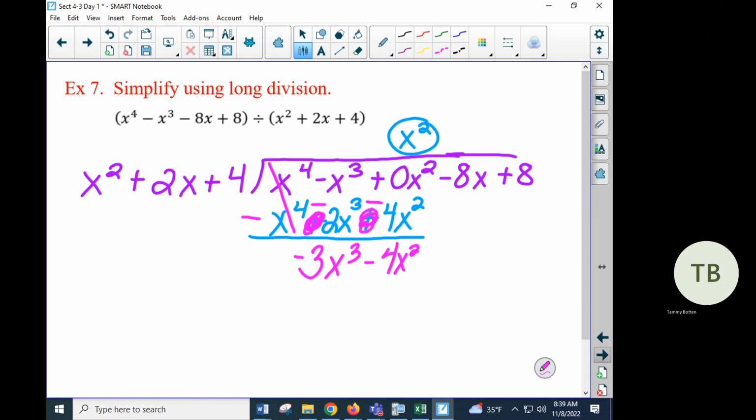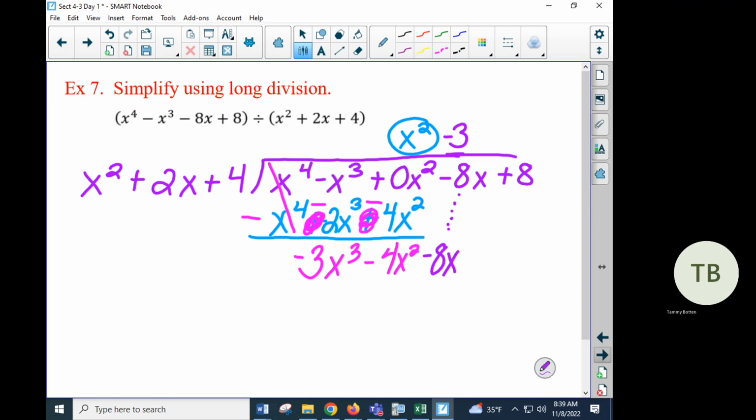And again, because you have 3 terms here, you have to have 3 terms down here. So what that tells us is I need to bring down 1 more term. And then I think, what times x squared gives me a negative 3x to the third? Well, I need a negative 3 to get that negative 3 here.